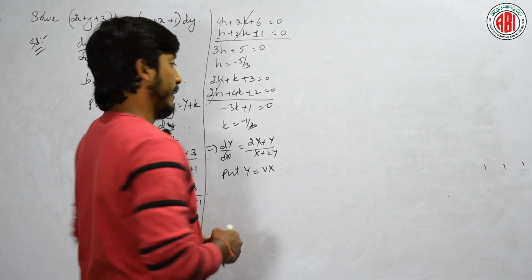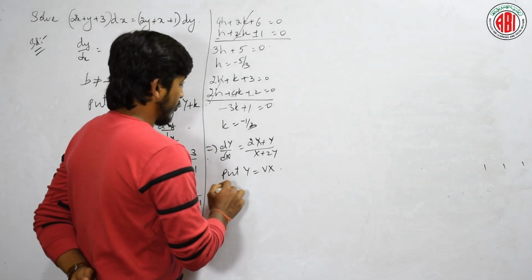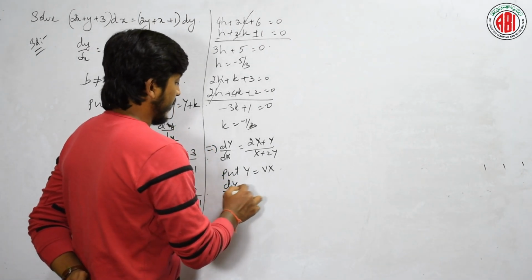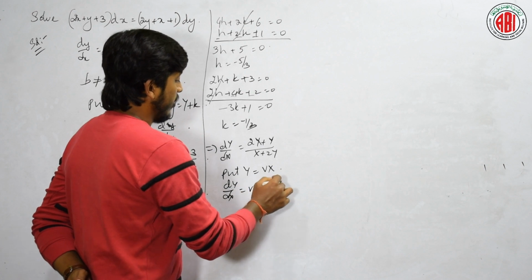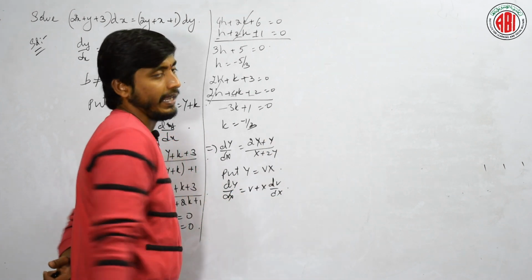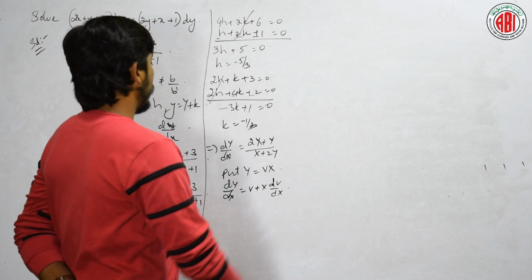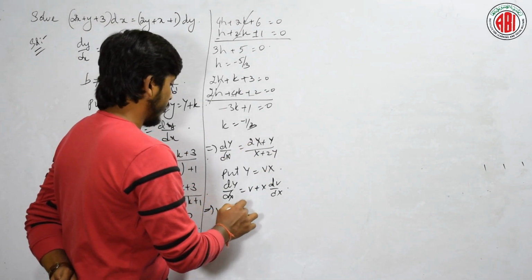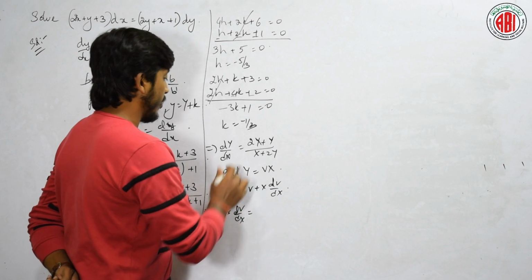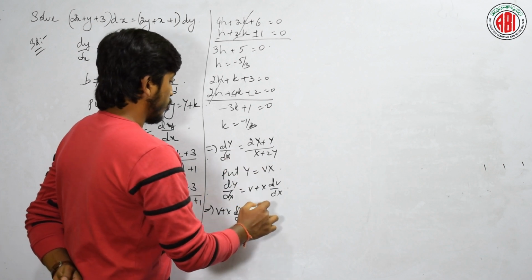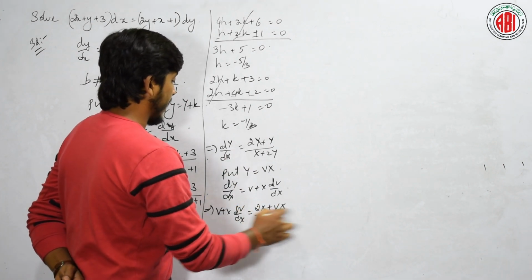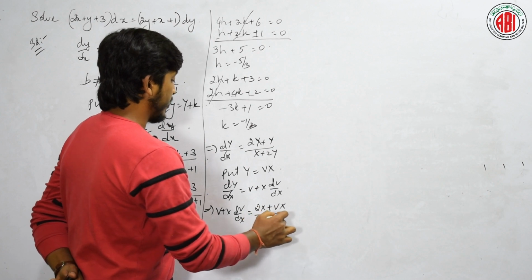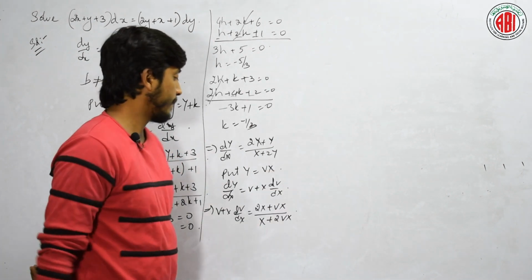So now let us put y equal to vx and simplify it. If y equals vx, then I can write dy by dx is equal to v plus x into dv by dx. Now this equation: v plus x into dv by dx is equal to (2x plus vx) by (x plus 2vx).